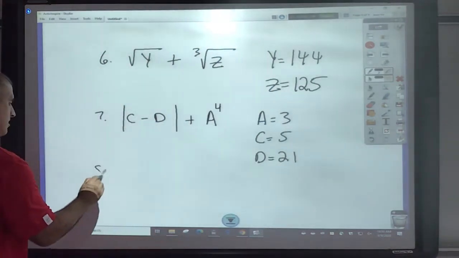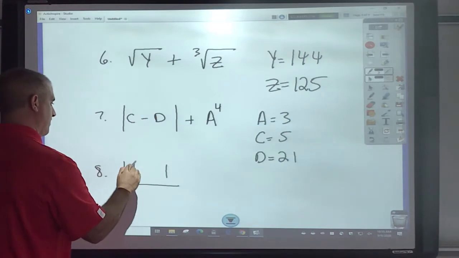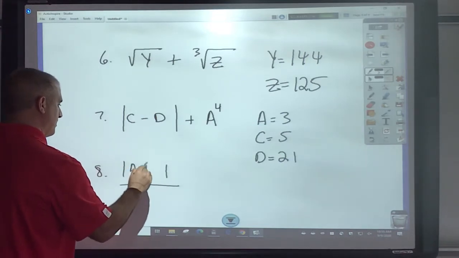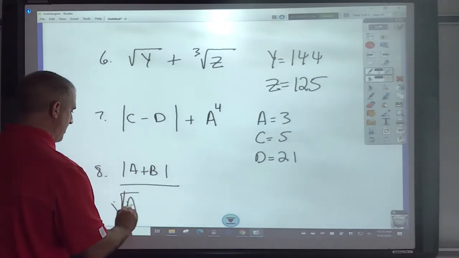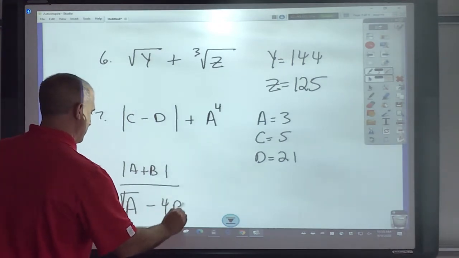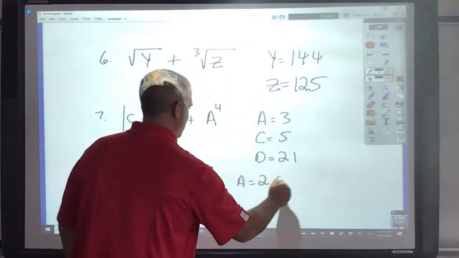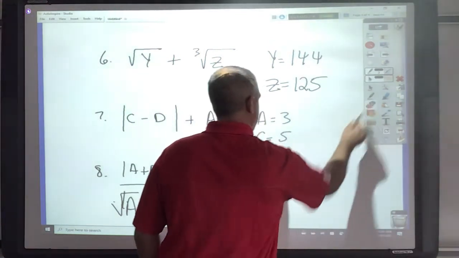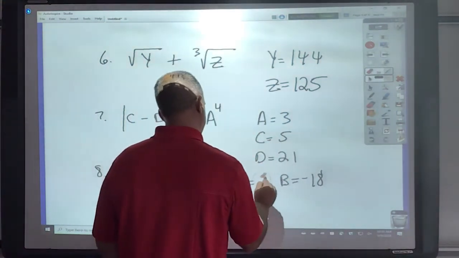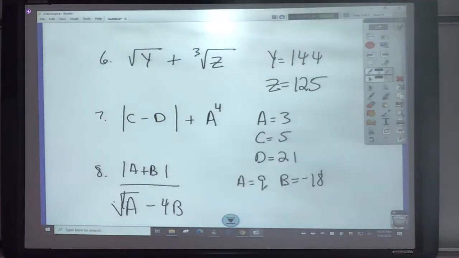And then the last one here, absolute value of a plus b, over square root of a minus 4b, where a is 9 and b is negative 18.